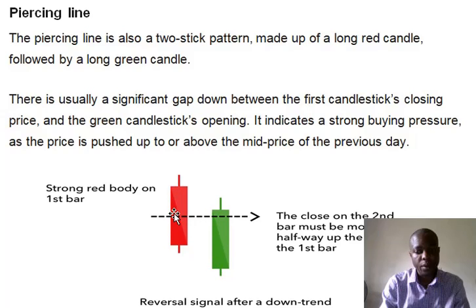As you can see, there is usually a significant gap down between the first candlestick's closing price and the green candlestick's opening price. It indicates a strong buying pressure as the price is pushed up to or above the midpoint of the previous day's candle.